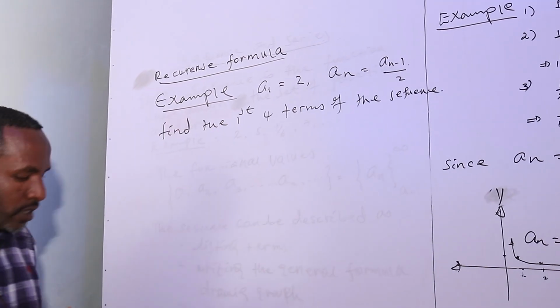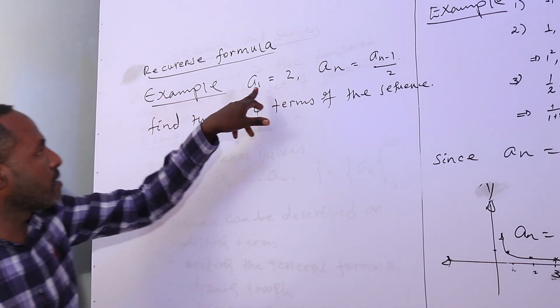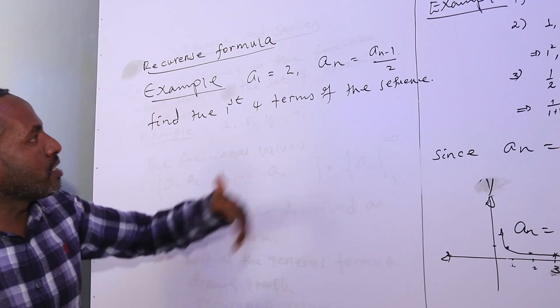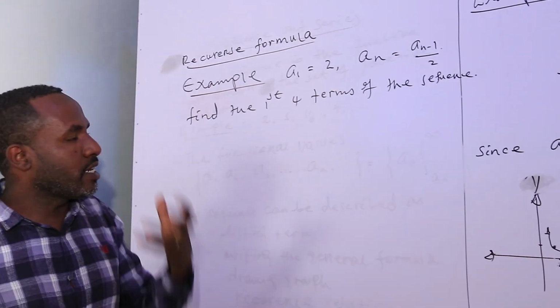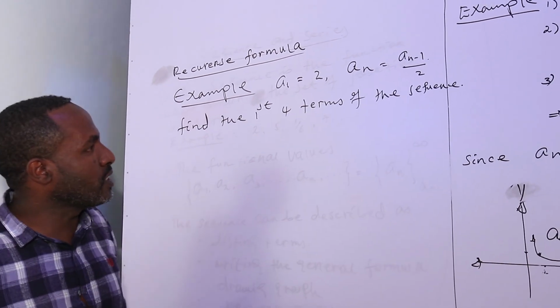Given a sequence which is inductively defined, here the given A1 is 2, a_n is determined in the form a_(n-1) over 2, where n is in the set of natural numbers. So what will be the first 4 terms of the given sequence?